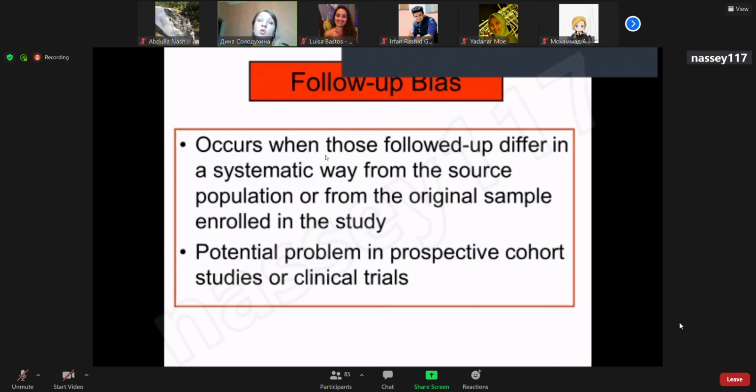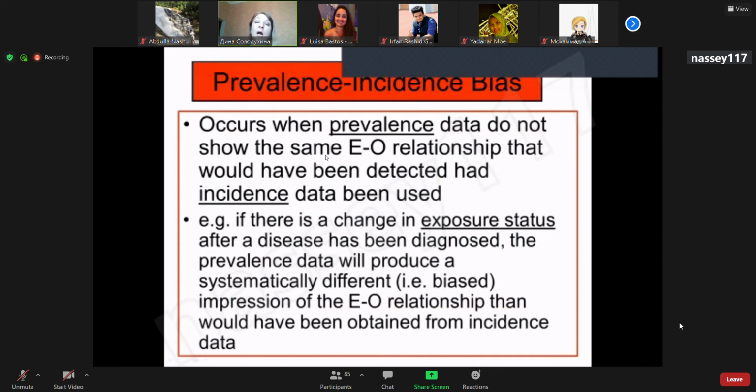The next one is called prevalence incidence bias. Usually we can misunderstand the data, whether it is prevalent or incident data. Particularly if there is a change in exposure status after diagnosis, the prevalence data can give us a different impression of the association between exposure and outcome compared to incident data.